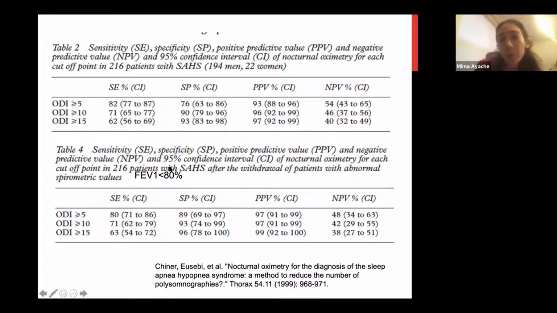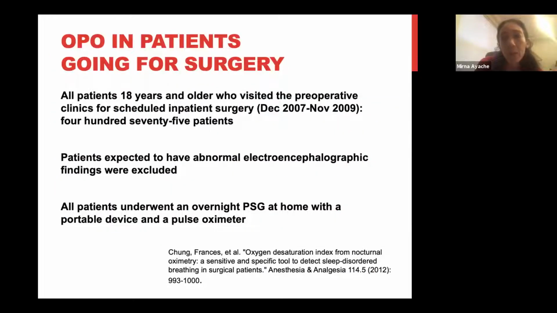If you remove those who have cardiopulmonary disease or low FEV1, your sensitivity stays about the same, but your specificity improves, which means this is more useful in the population without underlying cardiopulmonary disease, according to the study.